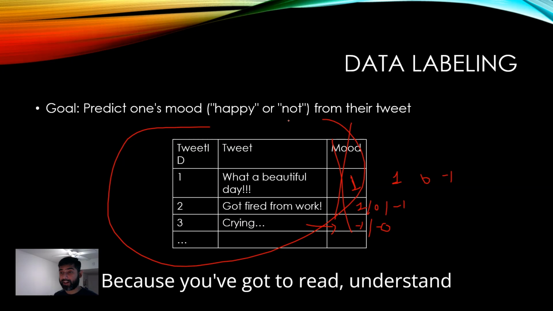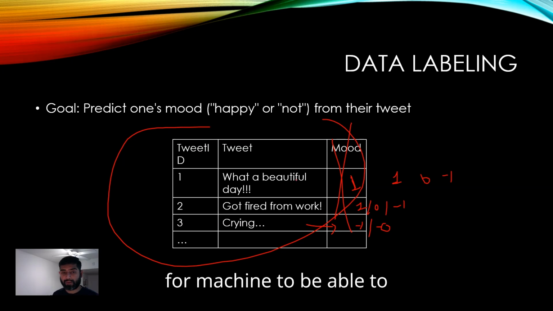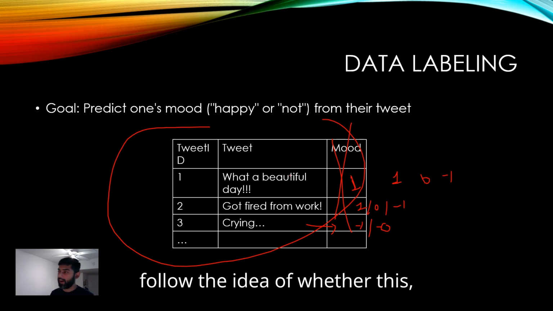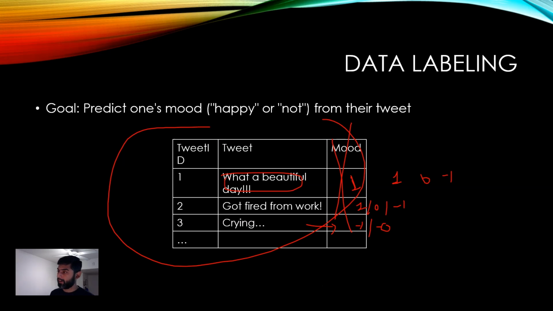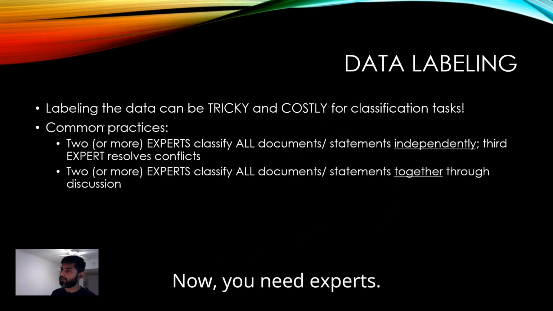Because you've got to read and understand, for a machine to be able to follow the idea of what to make out of the mood. Without knowing the context, it's not that easy and it takes human effort. Now, you need experts.